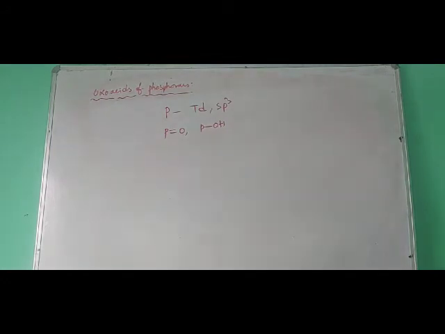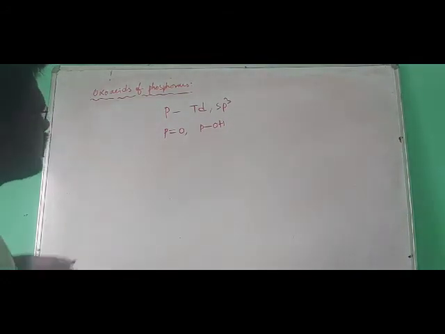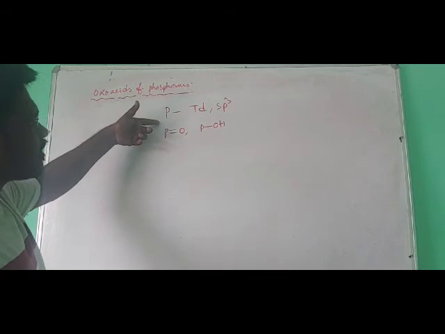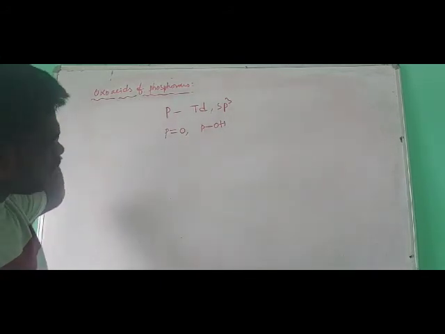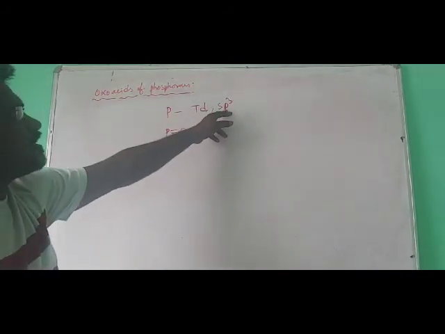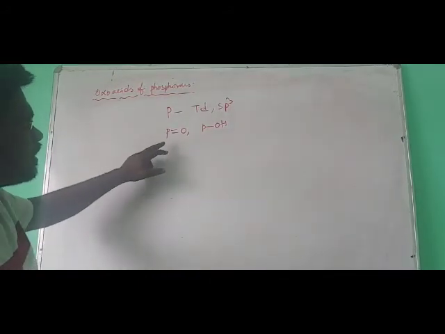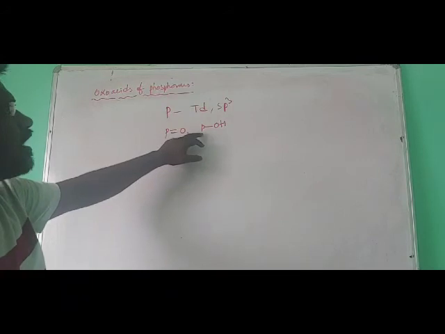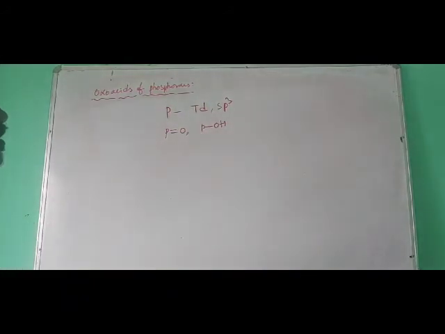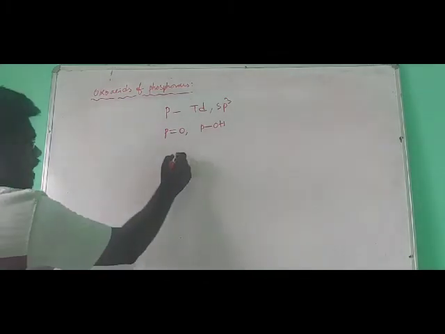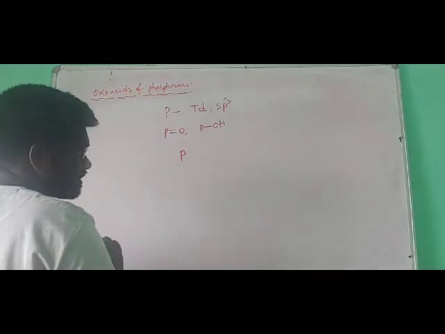Right? In all the oxo acids of phosphorus, all phosphorus atoms present in each molecule undergo sp3 hybridization and have tetrahedral geometry, and each and every molecule has at least one P=O bond and at least one POH bond.